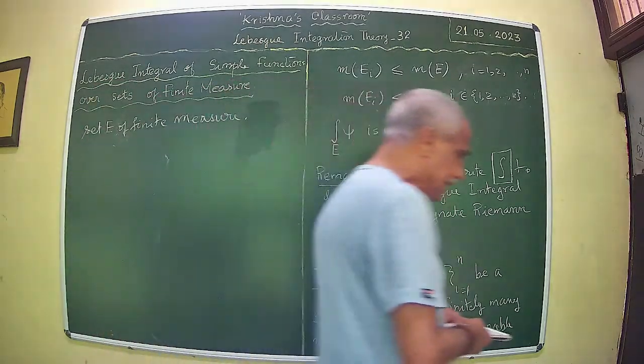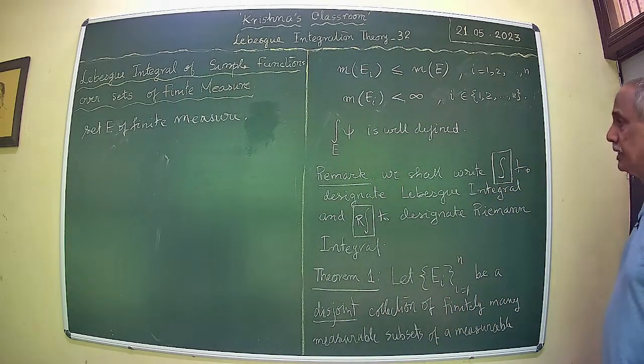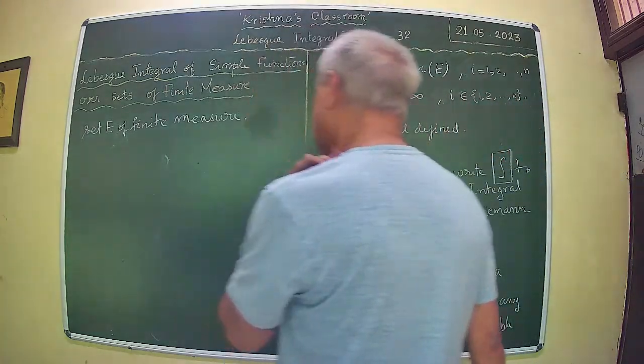So we are taking E to be a measurable set of finite measure on the real line.